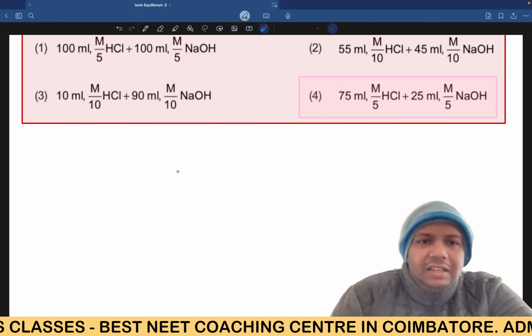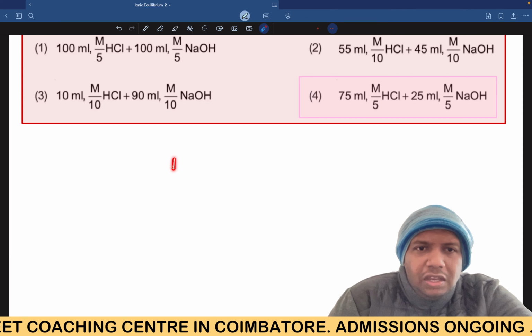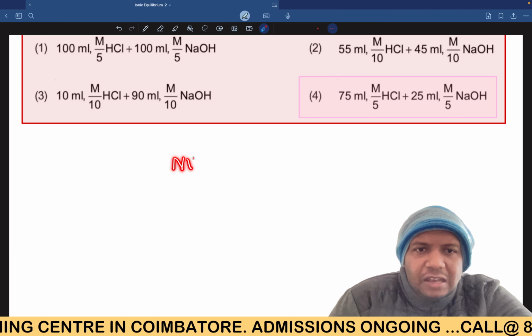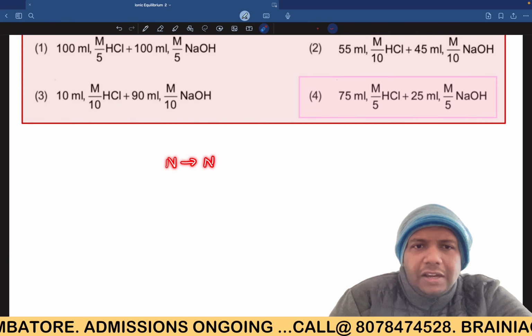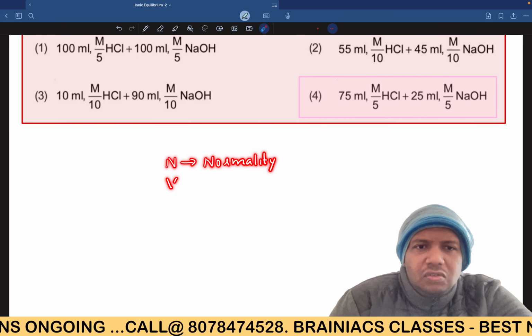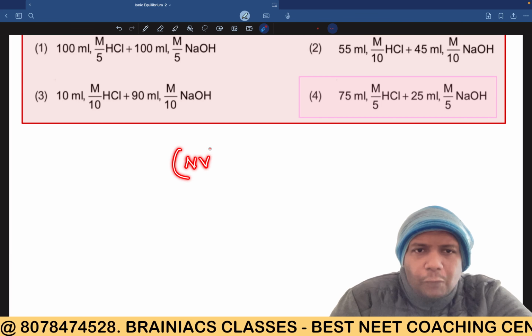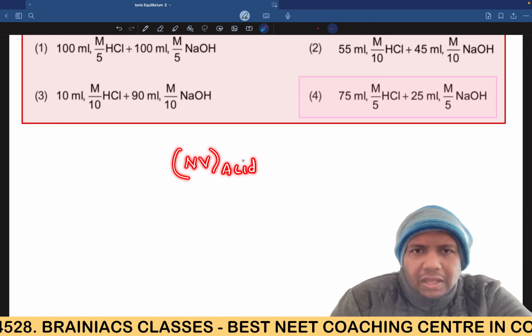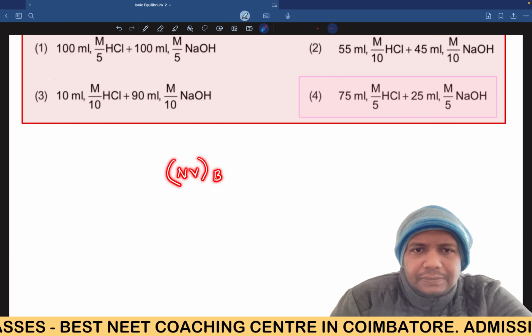The fundamental thing is to calculate the NV value, where N is normality and V is volume. You need to calculate the NV value of the acid, and then the NV value of the base.